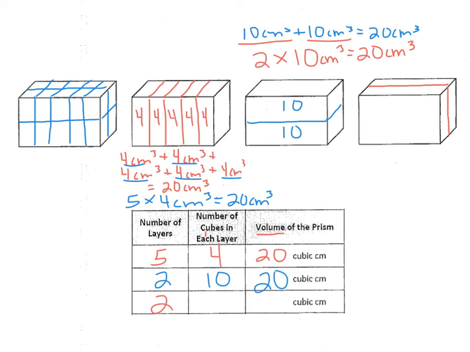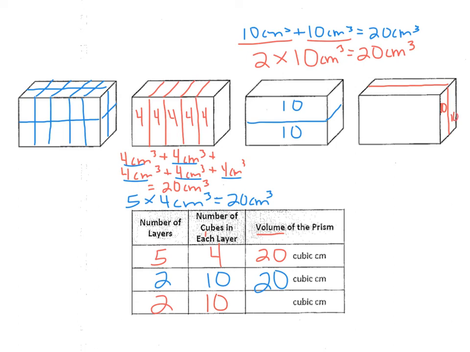Well, I don't know about you, but I can see all of the front and only parts of the back. So I'm going to count the front. 1, 2, 3, 4, 5, 6, 7, 8, 9, 10. So in my front layer, I have 10. And so if in my front layer I have 10 cubes, guess what? So is my back.